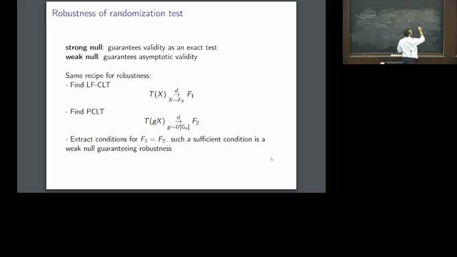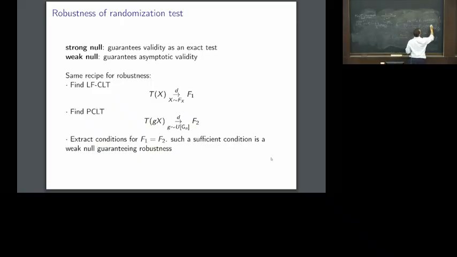Tx is going to go to some normal, the usual convergence in distribution, F1, and that's typically going to be some normal with some variance x. And the histogram of the permuted test statistic, let's call it R hat, is going to stabilize to some F2.